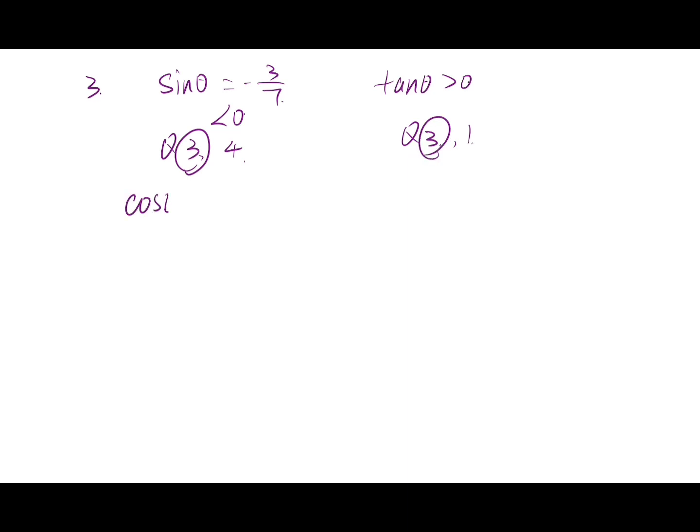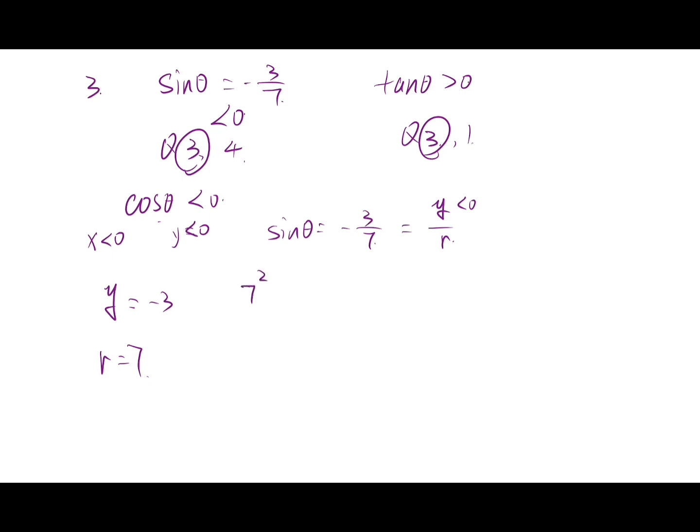So the cosine theta should be negative. For quadrant 3, we know x is negative and y is negative, and sine theta equals negative 3 over 7, so it is y over r, where y is negative 3 and r is 7. And we need to find the cosine, so we need to find x.